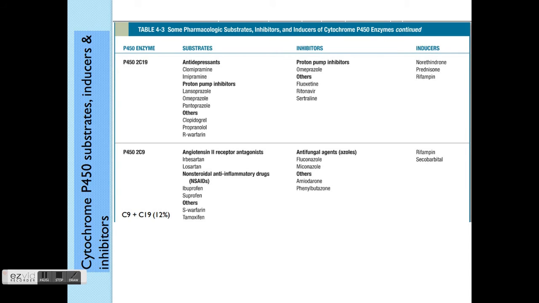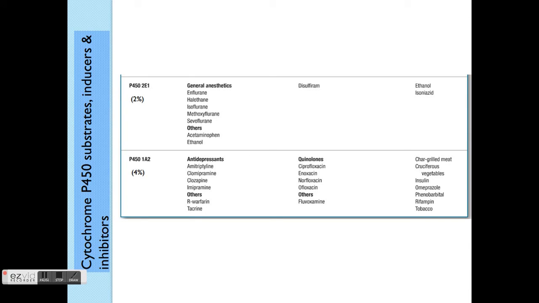There are a few other smaller subtypes such as 2C19, 2C9, 2E1, and 1A2. As you can see here again, sometimes it involves grilled meat and some normal daily food, and even some tobacco.